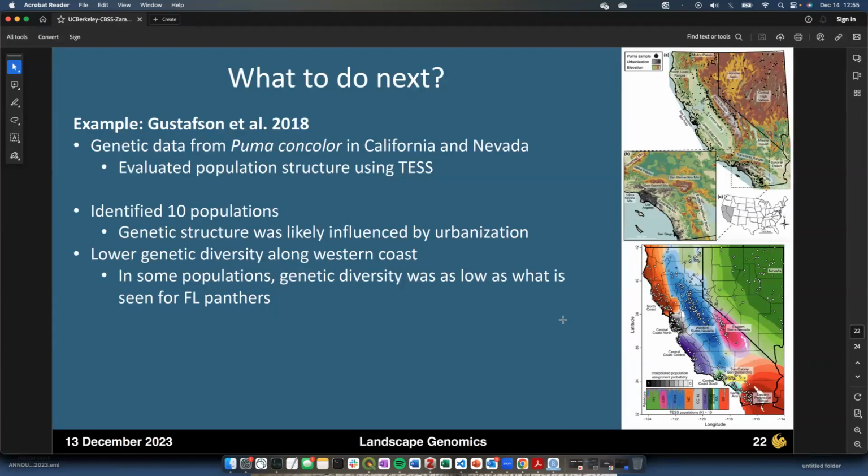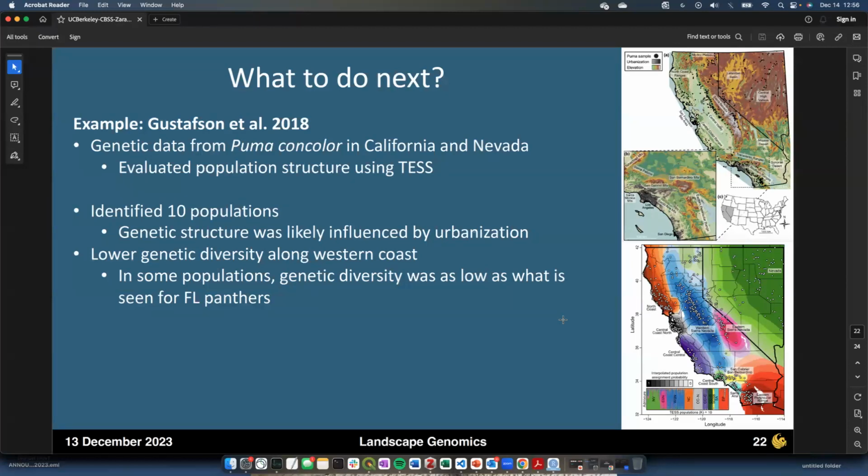What we just did was assign those ancestry coefficients and then visualize that on a map using interpolation. And this was done by Gustafsson et al. in 2018. They had Puma concolor in California, where they decided that 10 ancestral clusters best represent their populations. And what they determined was that that genetic structure was highly influenced by urbanization.